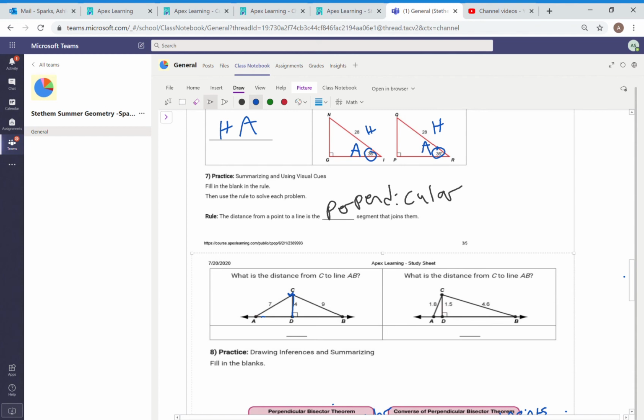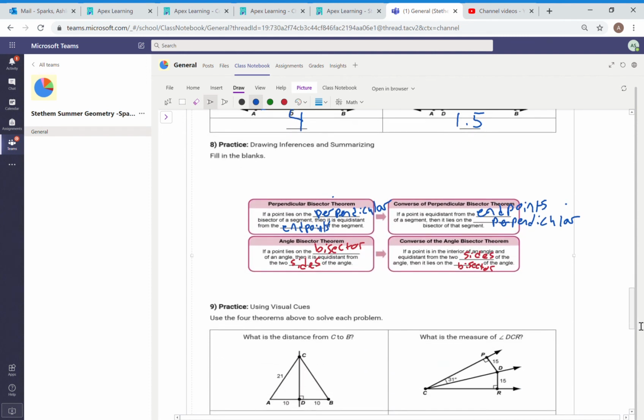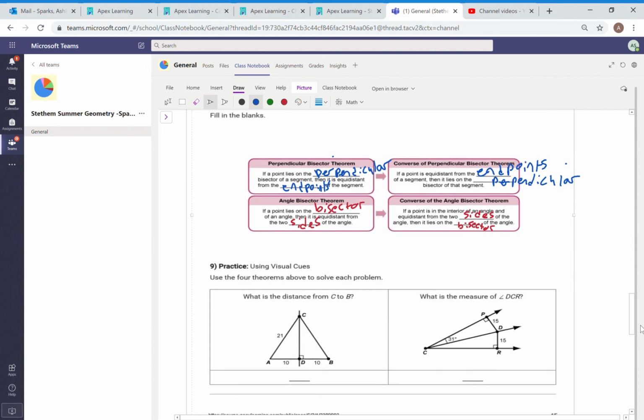Okay? Perpendicular, you see it makes the 90 degrees. So we really have a triangle in here. You have like this 4, 9. We could solve for a missing side using Pythagorean theorem. I don't really understand these questions. I hope you get some of these on Apex because it says, what is the distance from C to AB? Well, it's just that 4. Likewise, that's just 1.5. Again, I'm not sure why they have that question. Things I will never understand.